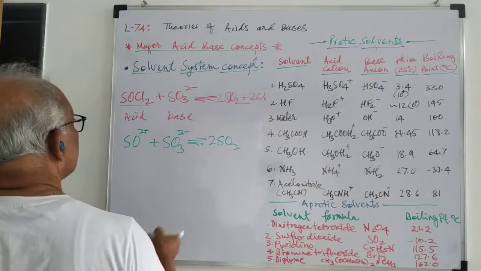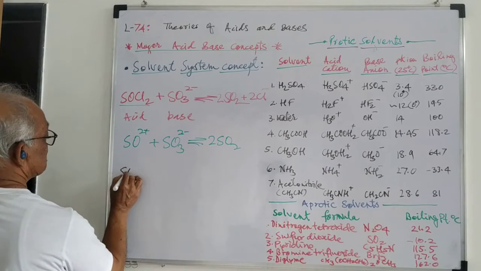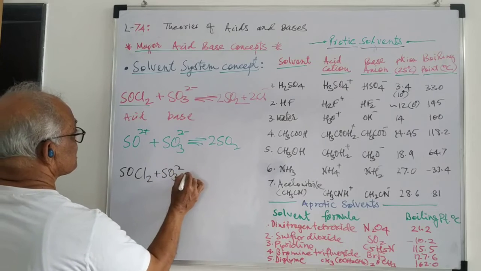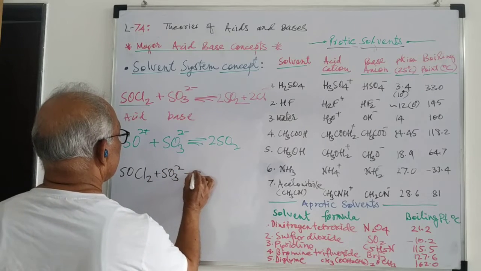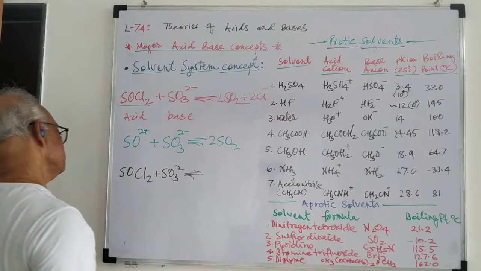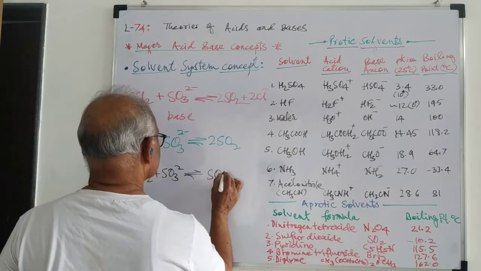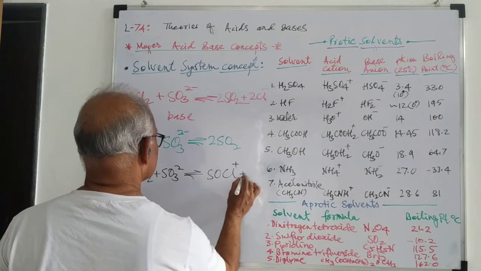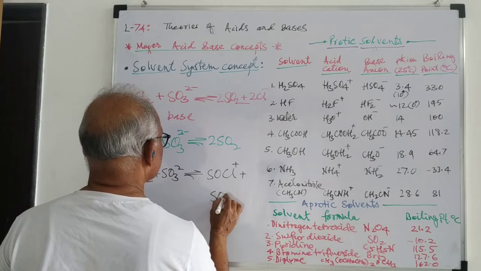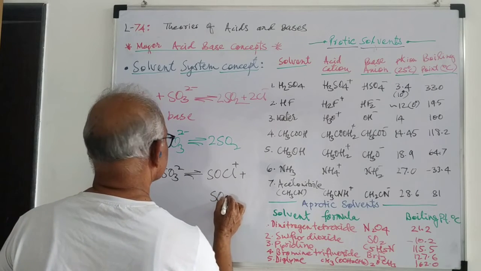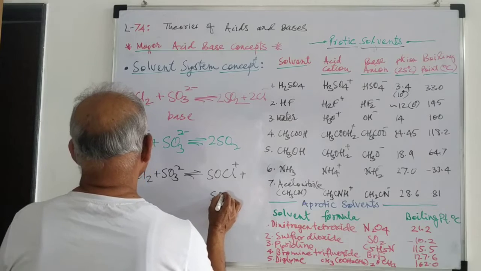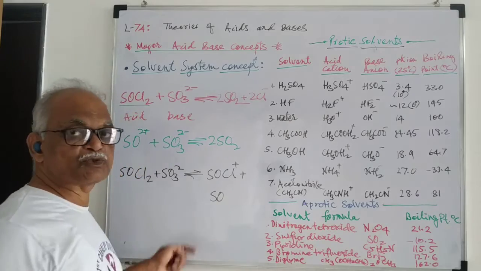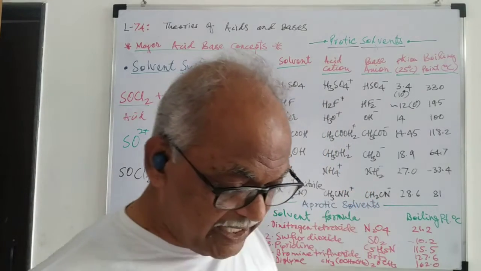So we can observe that the reaction SOCl2 plus SO3 2- is expected to form SOCl plus, where one chlorine goes away and one oxygen is exchanged.